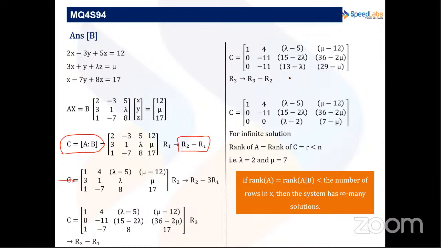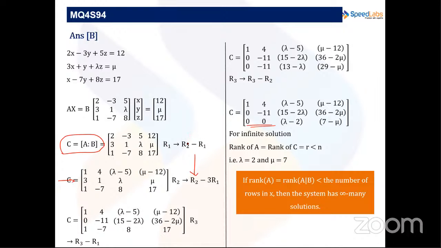See, you have to apply any number of operations so that you can get some simple values, or make the maximum number of zeros. In R1 we applied this, but you can apply other operations also. Don't go for this series only. This is just like in determinants, you apply different operations, but you will get the same result.